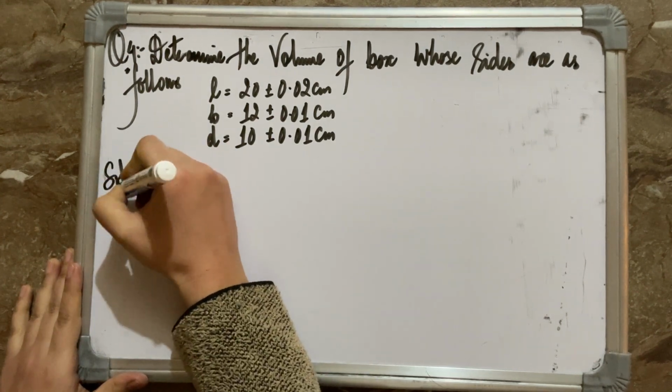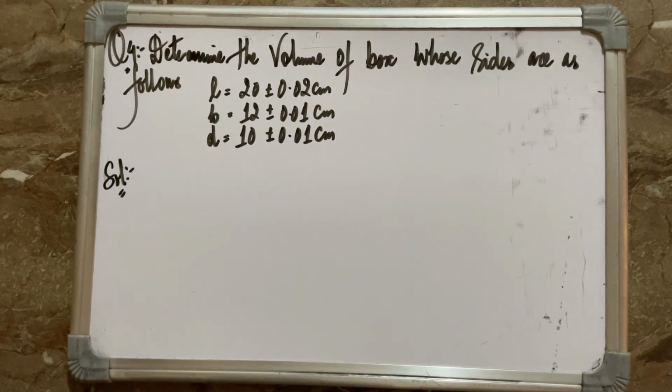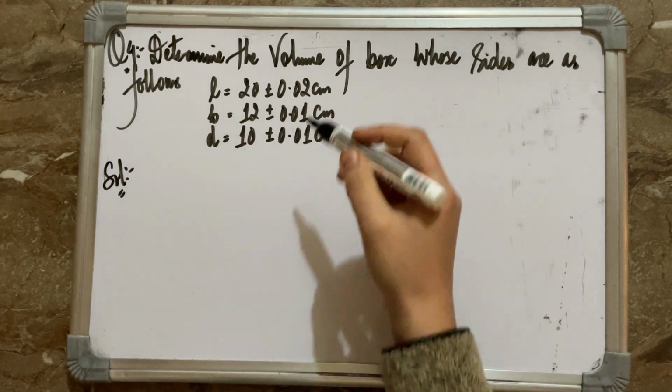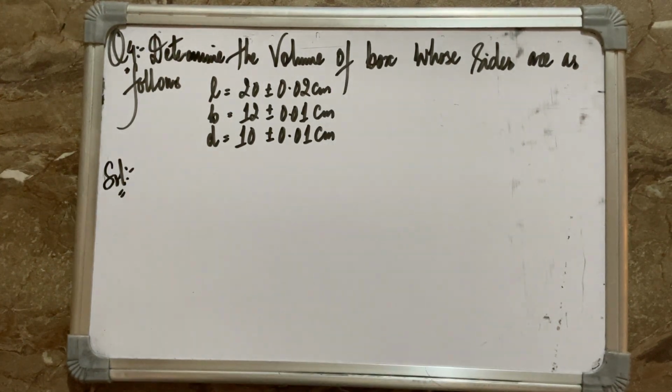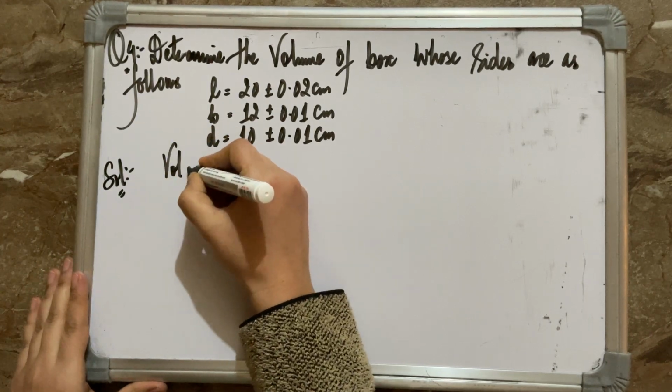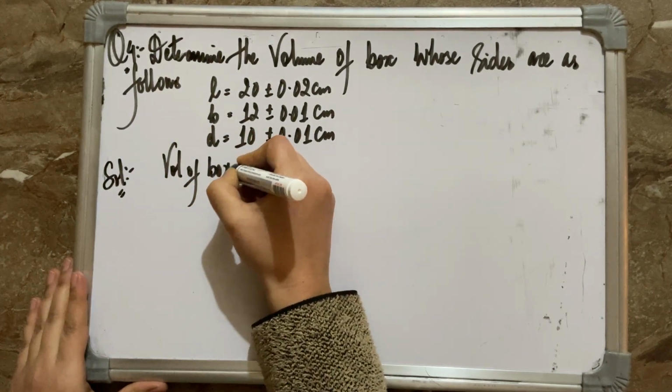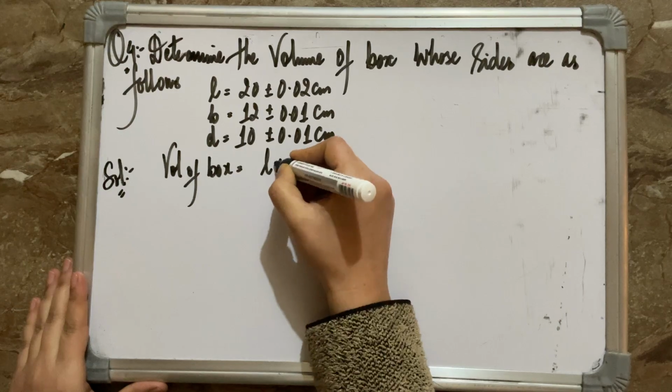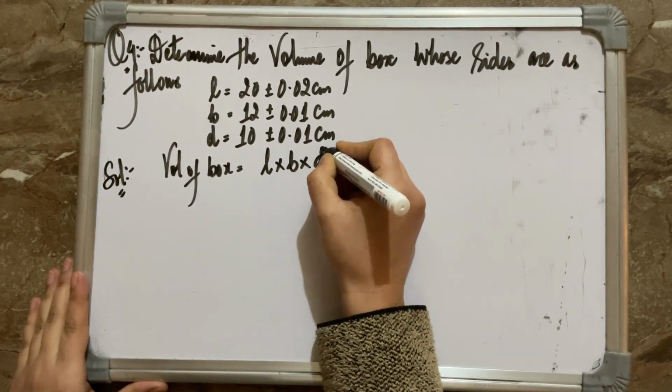Solution. So we'll apply the same differentiation method and we'll calculate the combined effect of the error in each of the observed quantities. My volume of the box is given by length multiplied by breadth multiplied by depth.